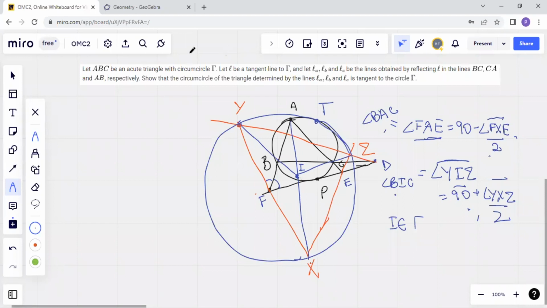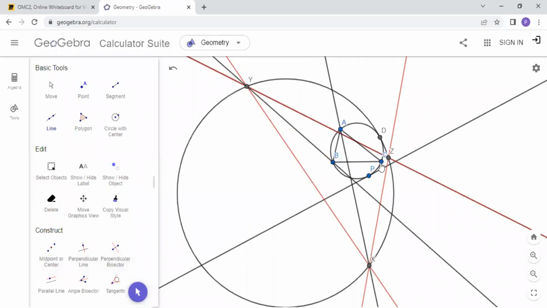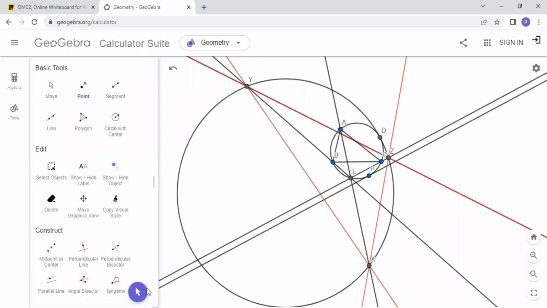I'll do it on GeoGebra just to make sure. You can see that AX, BY, CZ concur at a point, which is also on the circumcircle.